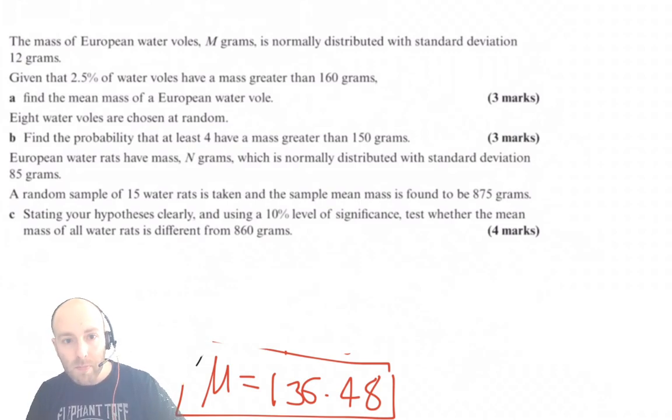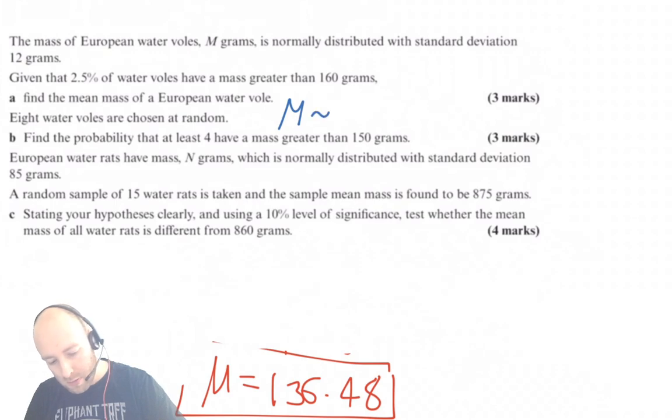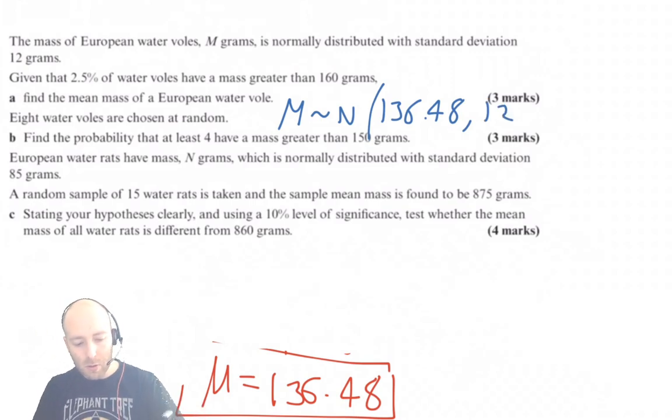So mu, let's just write it down as m, normal distribution, 136.48 and 12 squared. So there's my distribution. Now I can get rid of the stuff in red.